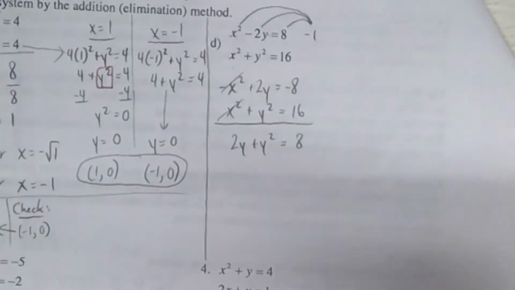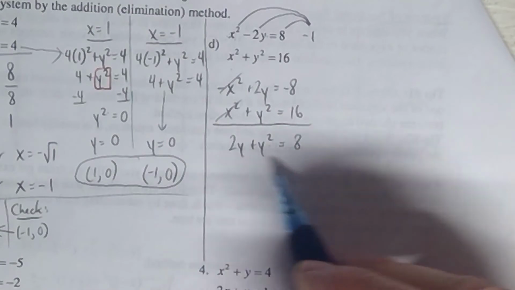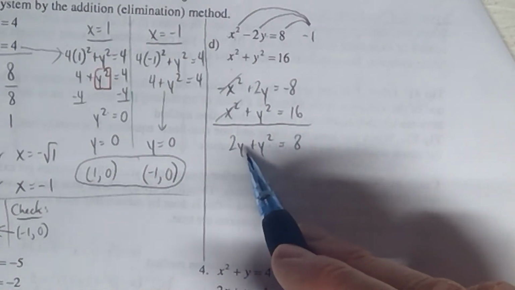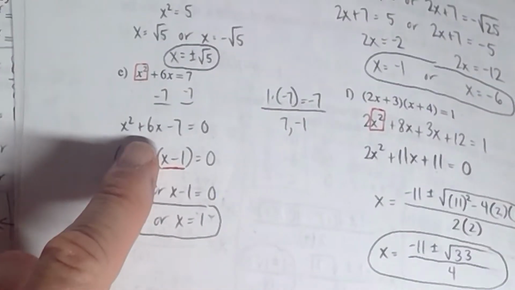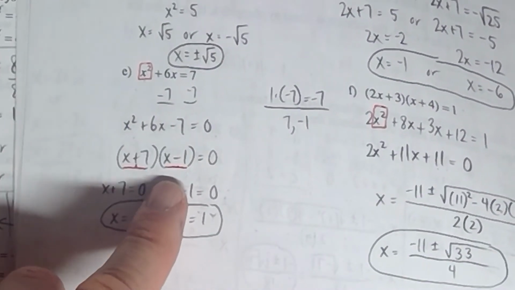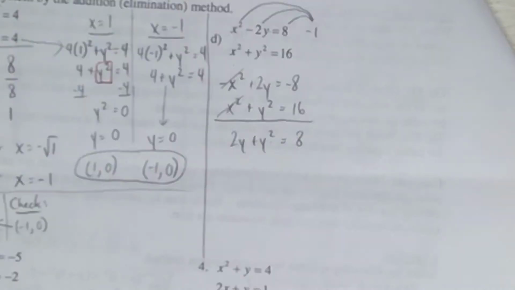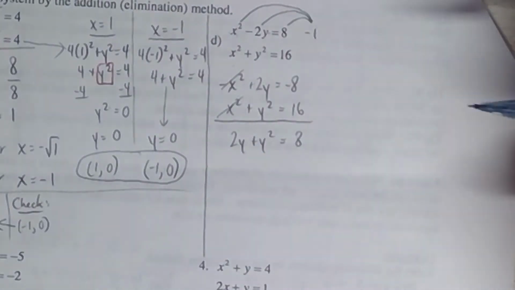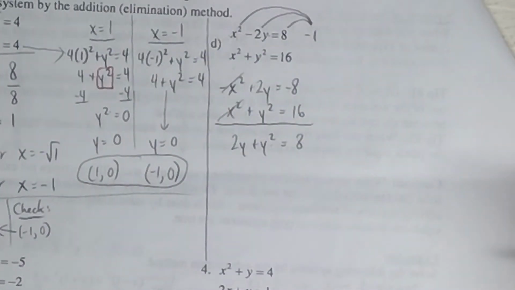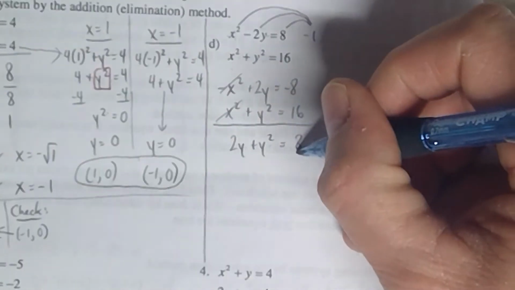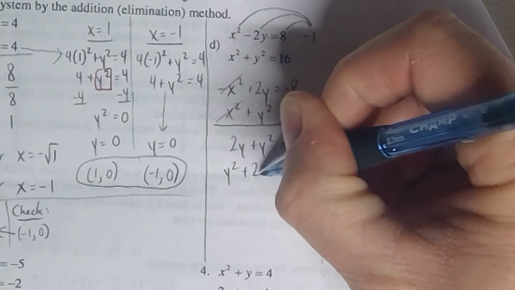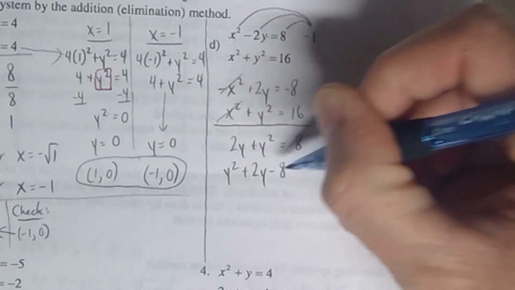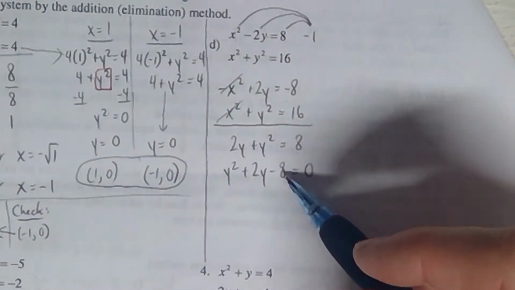Okay, same idea. Because it's got y squared and it's also got y, we want to move all the terms to one side and then try to factor it. Now I want to keep the y squared positive when I move all the terms to one side, so I want to move the 8 over. If I subtract the 8 over, it's going to be negative 8, isn't it?